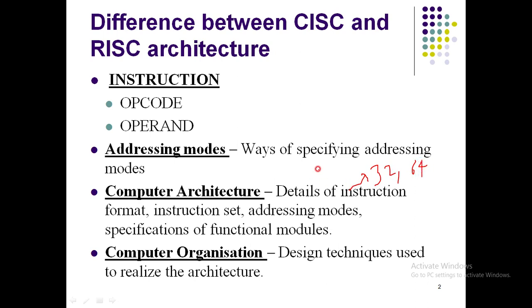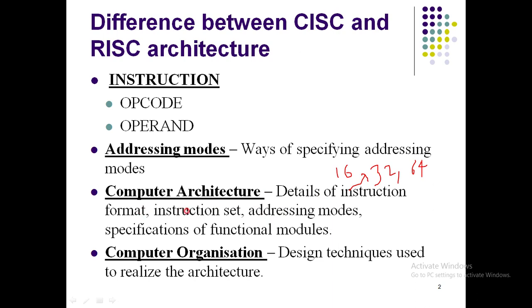Earlier days we were also having 16 bits. So when you install an OS into your system, you might have found out that you have an operating system which is of say 32 bits, 64 bits and so on. So that is nothing but your computer architecture, which is telling you what should be my instruction format.